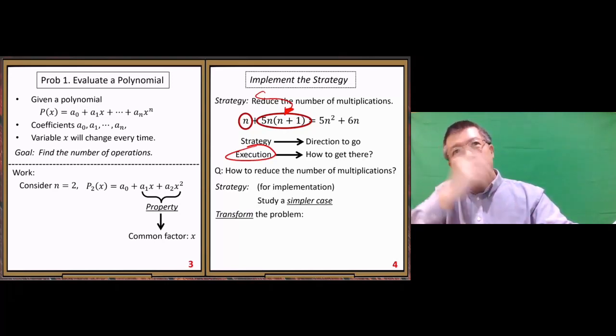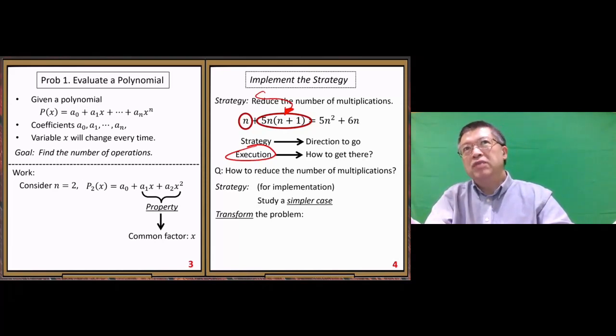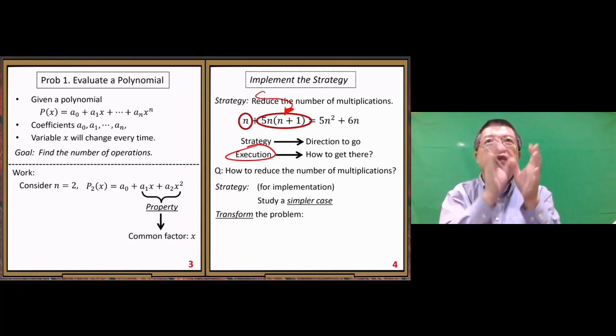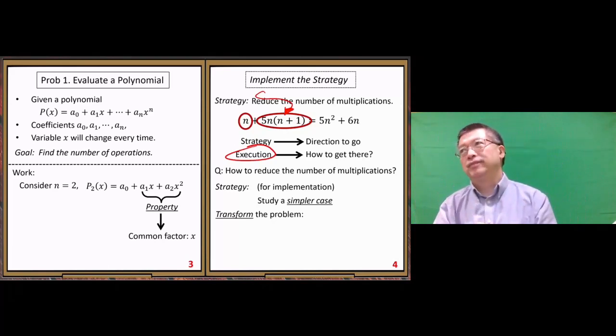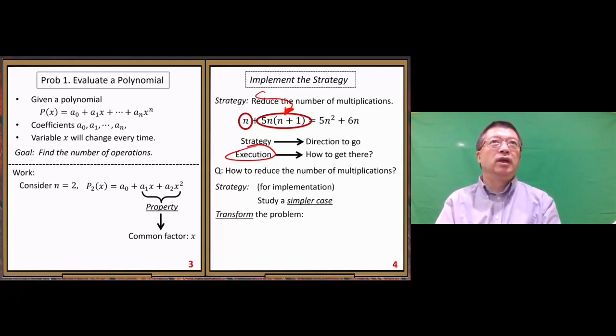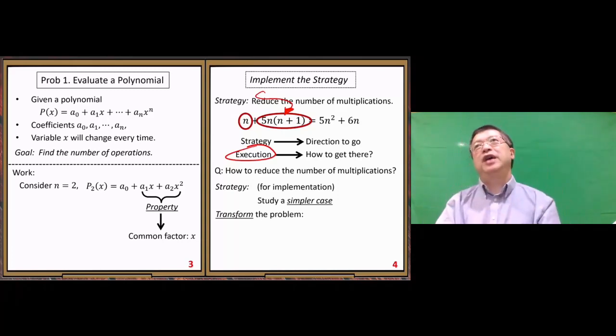When we solve a problem and we get stuck, we don't know how to solve it, we may like to transform the problem to a different form. The fundamental is the same, but we change its representation form. That's the idea. Transform the problem.